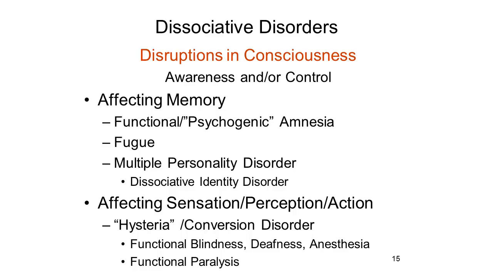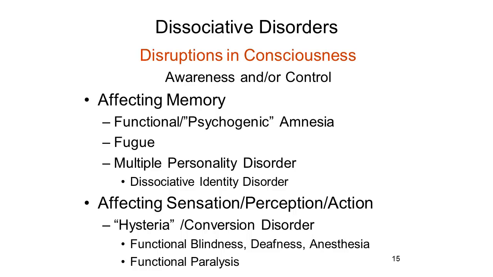The dissociation can also extend beyond questions of memory and identity to basic functions of sensation, perception, and action. In functional blindness, the patient can't see, doesn't have the conscious experience of seeing, although the visual system from a physiological point of view is completely intact.